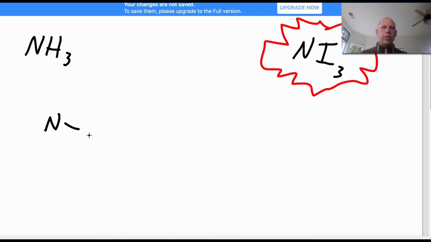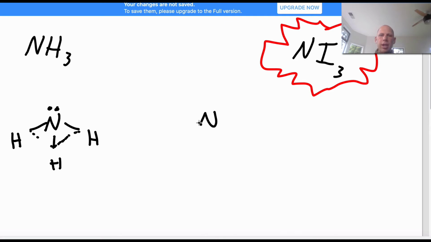When I draw the Lewis structure for NH3, we end up with a molecule that is pushed down into this pyramid, if you will. And this is actually in 3D. So you can imagine this coming out of the board right here and this going back. This shape is called trigonal pyramidal. And when you look at NI3, NI3 also has the same shape.